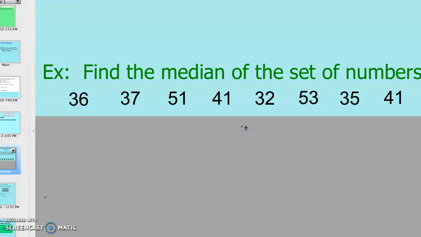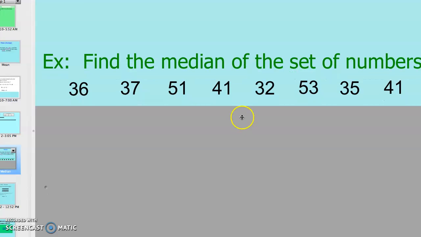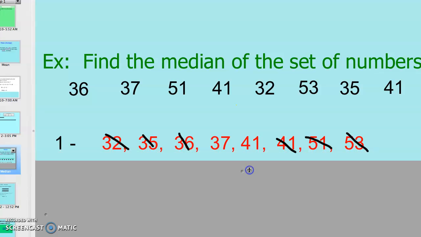Here are your numbers for the data set. Okay. Step 1, I have to put my numbers in order from least to greatest. So I did that. Then I cross off from left to right. So there's 3 numbers on the left, 3 on the right. I crossed them all off. Okay, but now there's 2 numbers in the middle. Again, if there's only 1 number in the middle, that's your median.